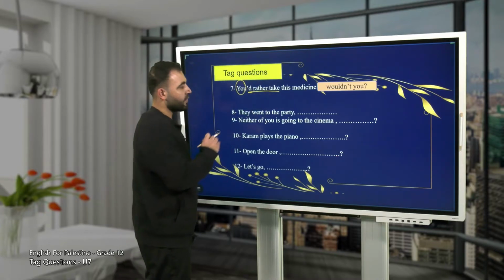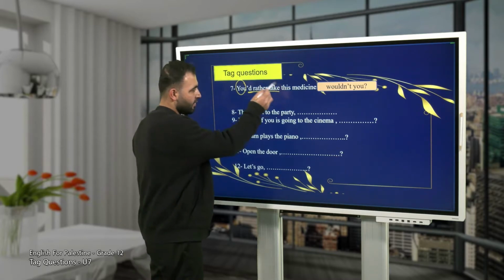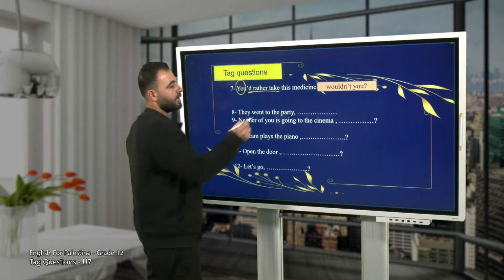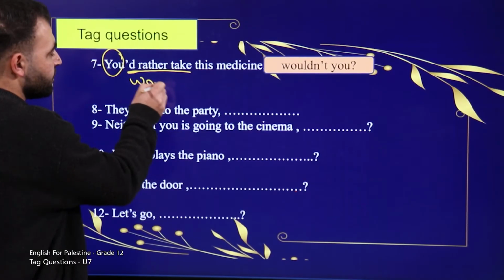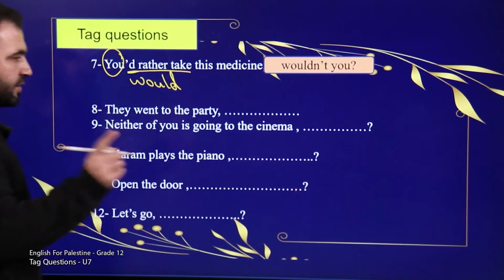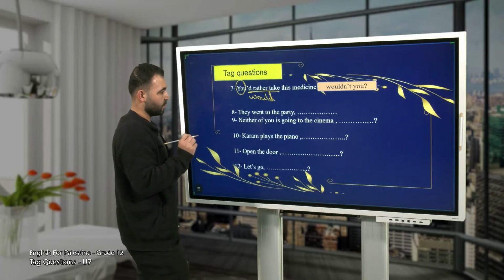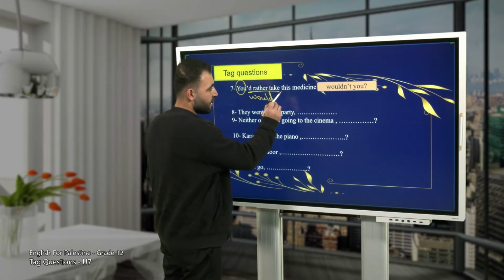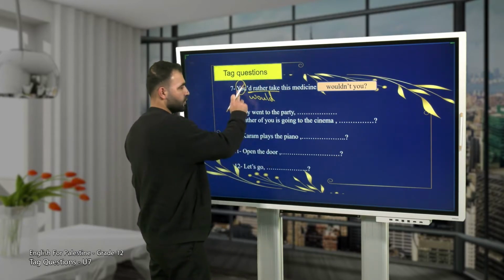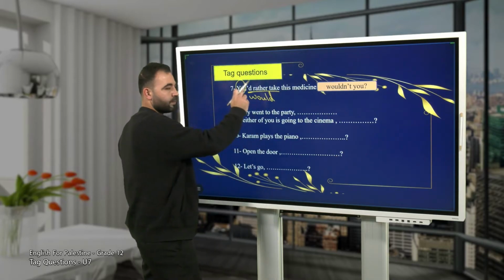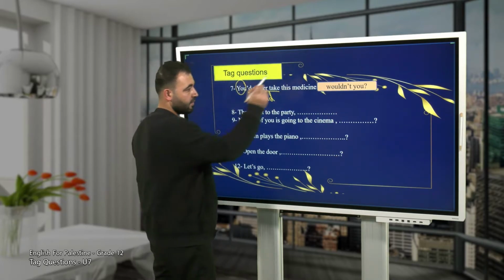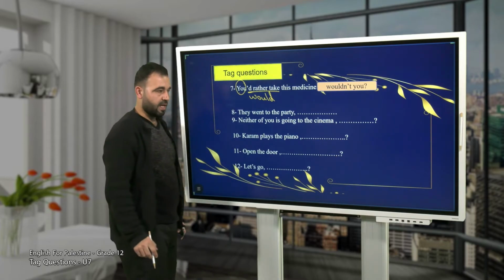When it is followed by rather and the verb infinitive form, it stands for would. It's important to pay attention to these notes. You'd rather take, wouldn't you? Positive statement, negative question tag.